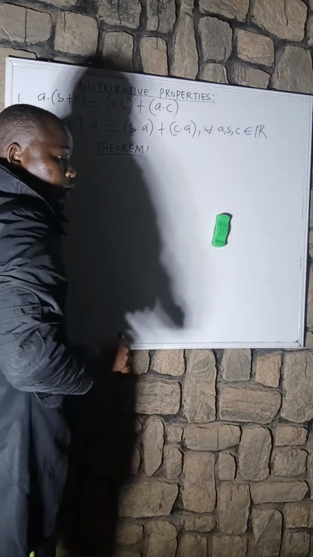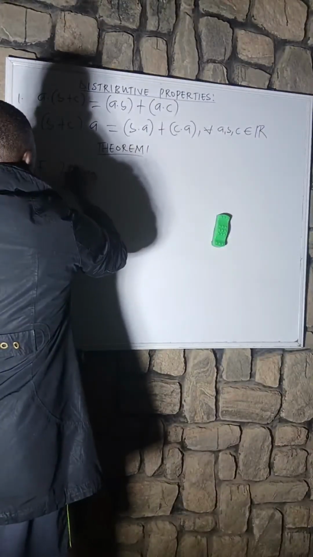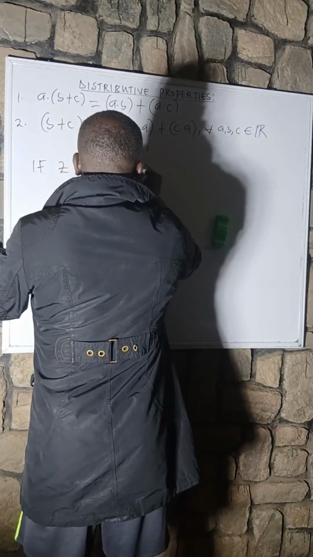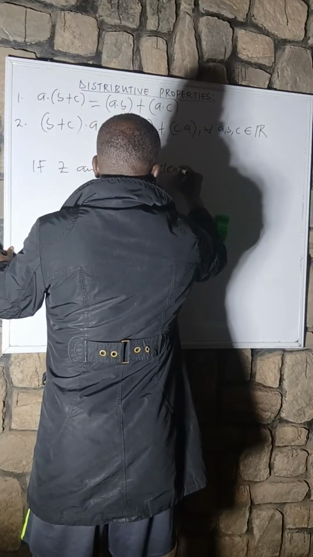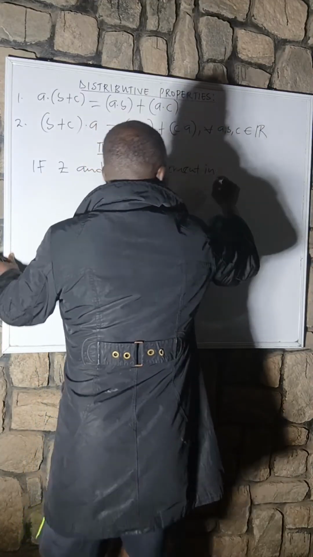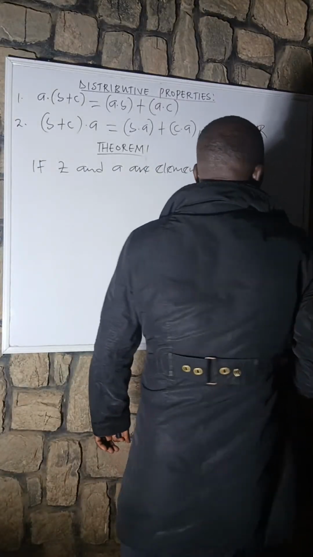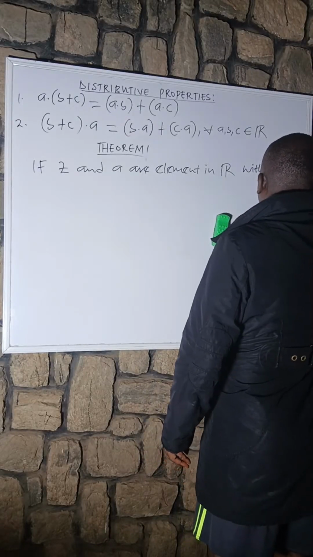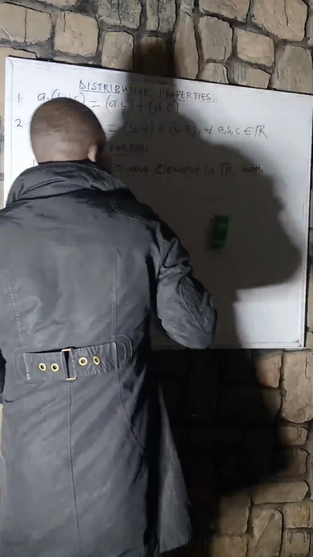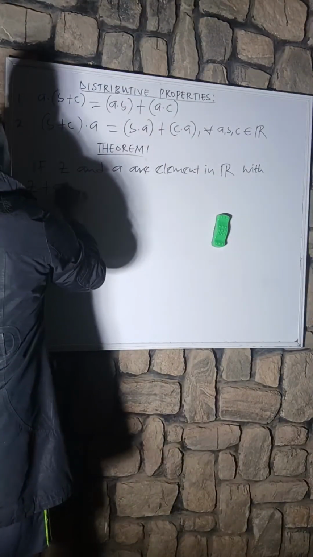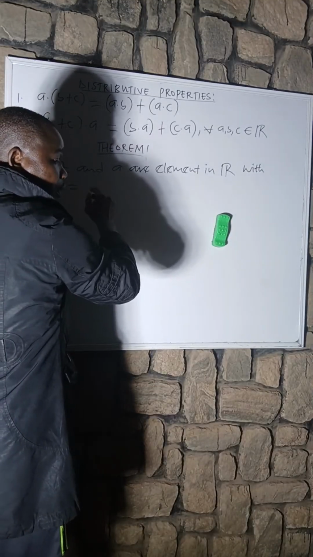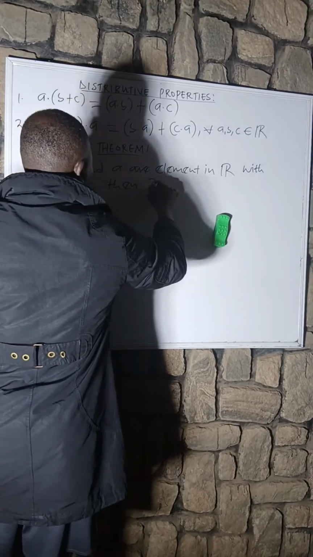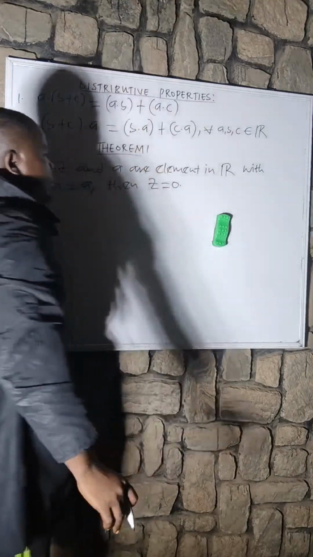Theorem 1. If Z and A are elements in the real numbers with Z plus A equals A, then Z is equal to 0.